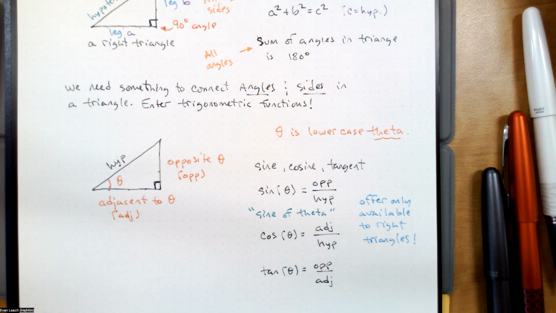You don't have to memorize these things, you just have to remember them, starting now and forever. Sine is opposite over hypotenuse, cosine is adjacent over hypotenuse, tangent is opposite over adjacent in right triangles only. We're not going to say that part all the time.